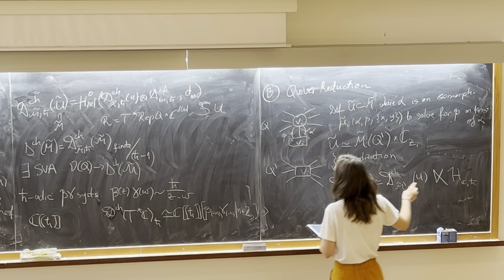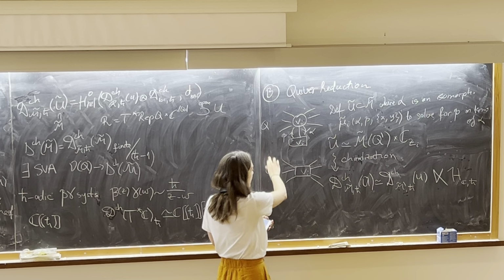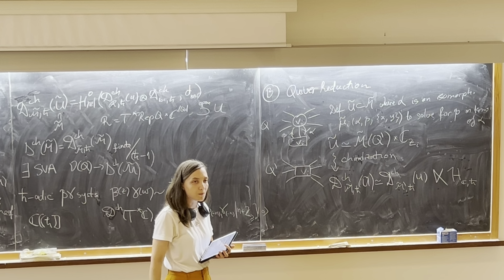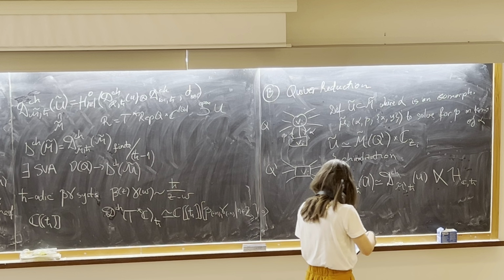Now semi-direct product because here there may be other nodes, neighboring gauge nodes, and there is a non-trivial OPE between the Heisenberg VOAs associated to neighboring nodes.